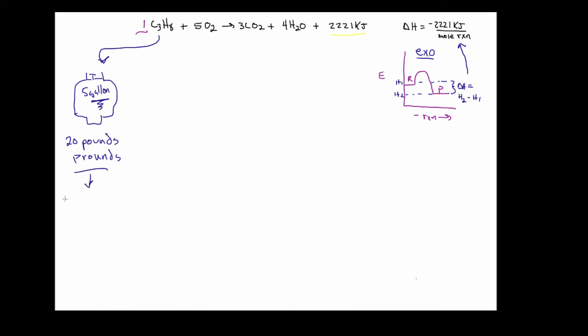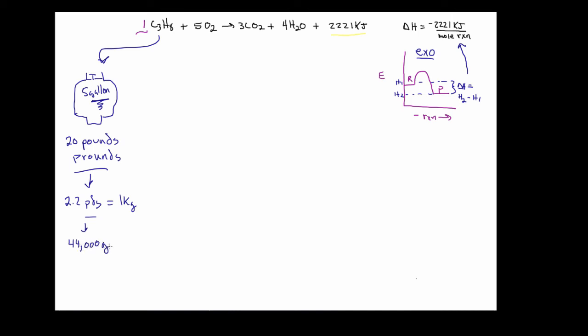Remember that, or look it up if you don't remember, 2.2 pounds is equal to 1 kilogram. So if we have 20 pounds of propane, that translates into about 44,000 grams of propane.